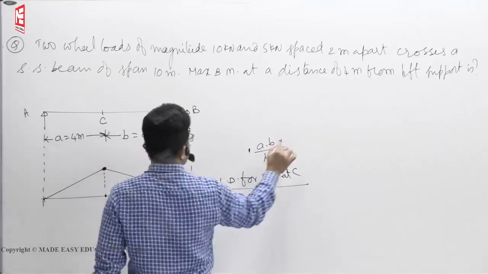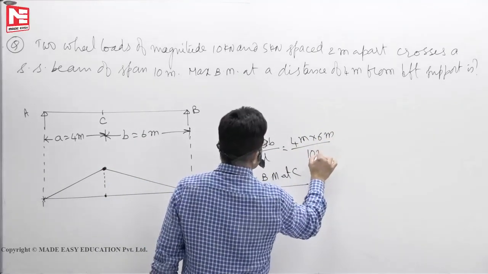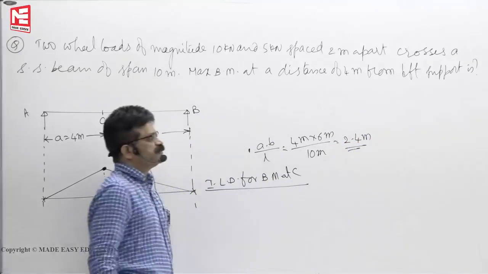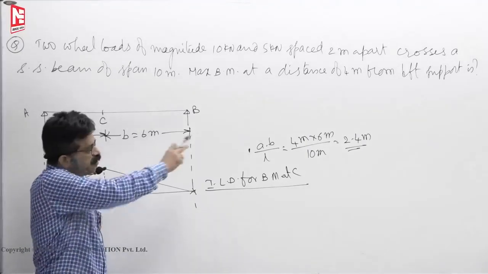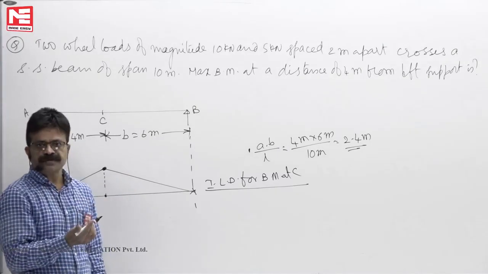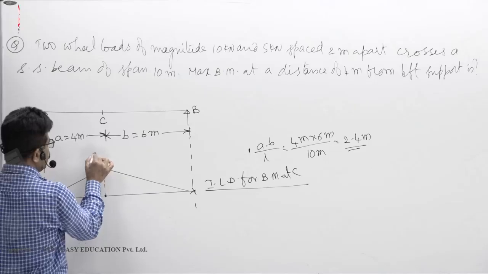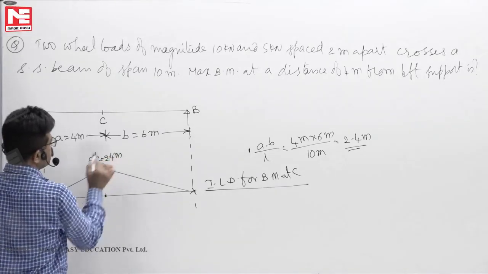A is 4 meters, B is 6 meters, length is 10 meters. So you will get 2.4 meters. In this case, influence coefficient for bending moment has units of meters. For reaction and shear force, there are no influence units, they are dimensionless. So this is AB by L, nothing but 2.4 meters.